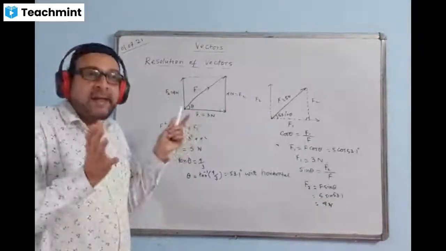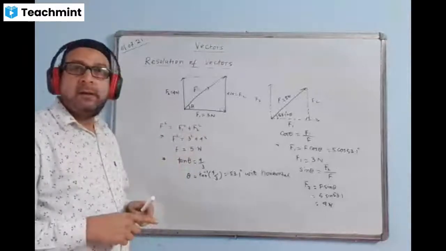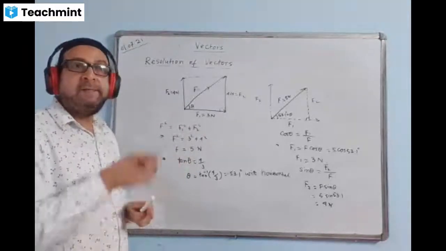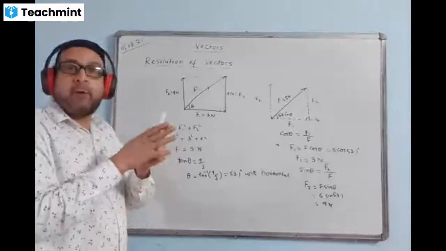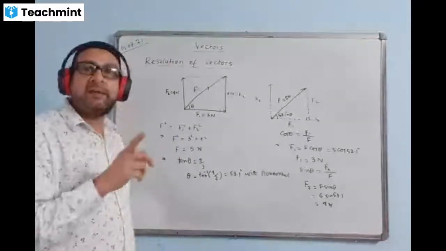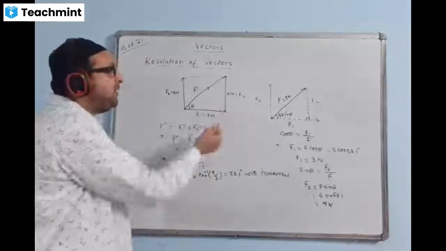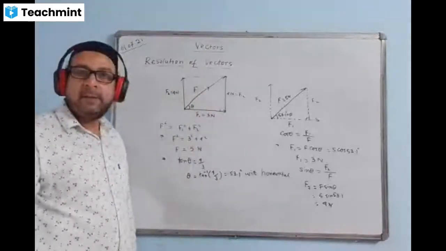What I mean to say, the two things can be added or can be combined to get a single one. Then the same single one can also be broken into two parts. It is assumed that every single vector is made up of two vectors. One will be horizontal vector, one will be vertical vector.